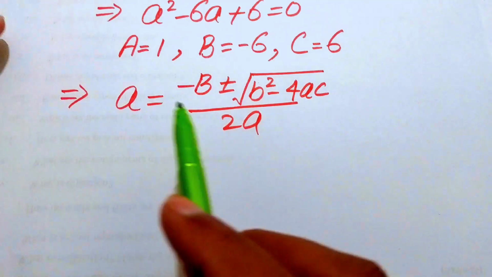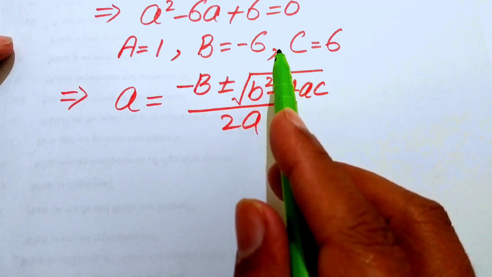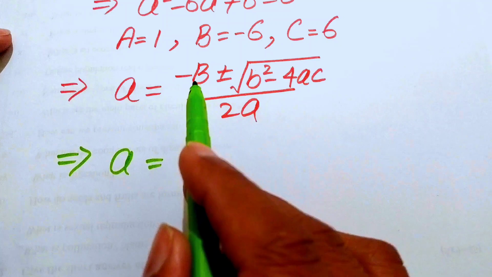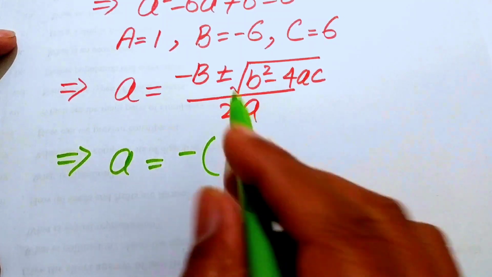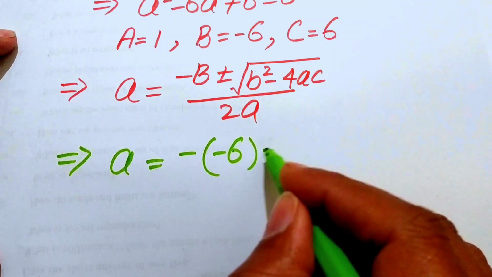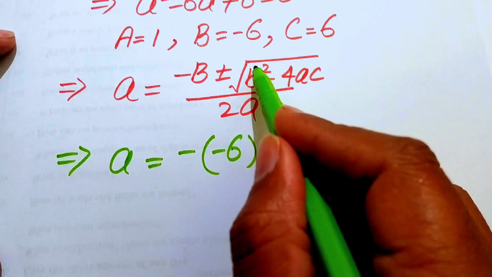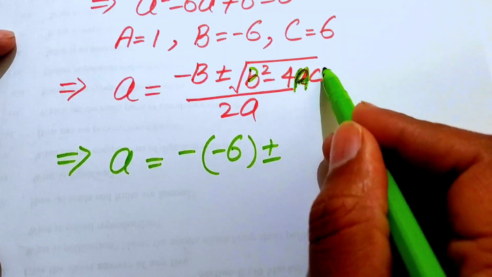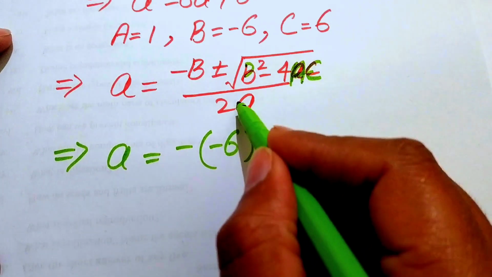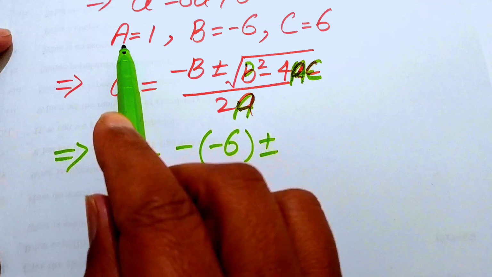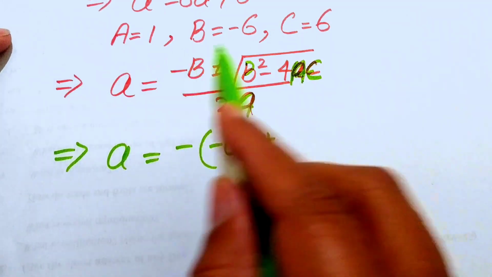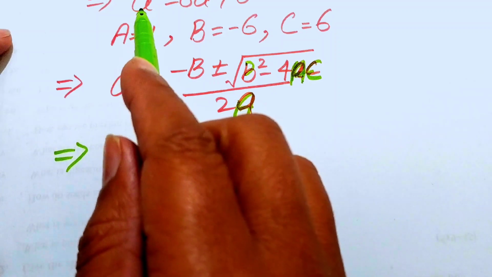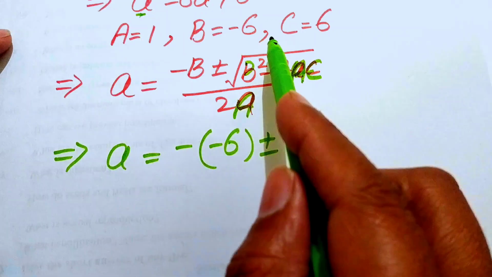Now in order to find the value of a, we substitute all these constant values in this equation. We denote our coefficients by capital A, B and C because we already use the small a, so to distinguish this small a, we use the capital letters.